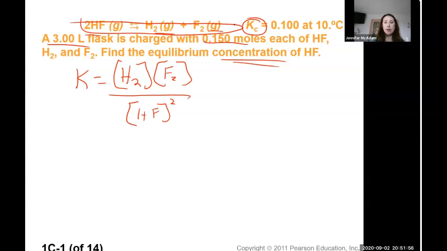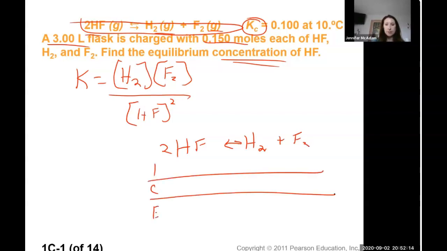Then we need to find our molarity. So our equation, and I'll do this much nicer in one second, is 2HF goes to H2 plus F2. Let me just move that a little bit further apart. ICE. And we've got our ice table. Right? And so we need to figure out what our molarity is.